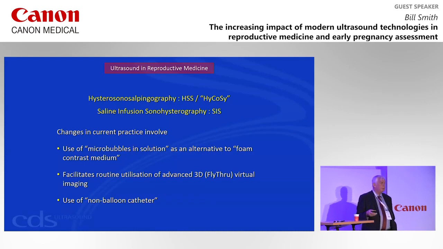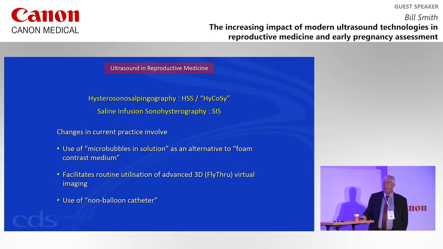So we've made changes in our approach so we can make use of SIS procedures as part of HyCoSy procedures. And we're going back to using microbubbles in solution instead of foam to look at the tubes. And this helps us to facilitate 3D SIS because we can get rid of the microbubbles easier than the foam.